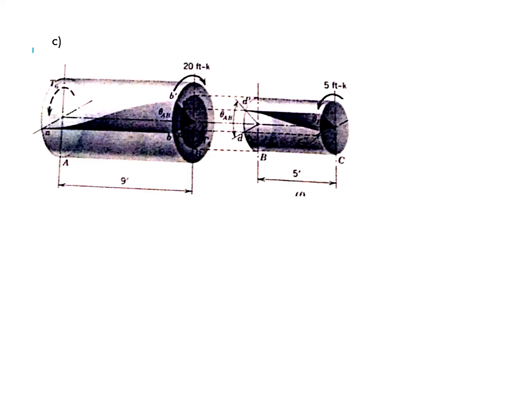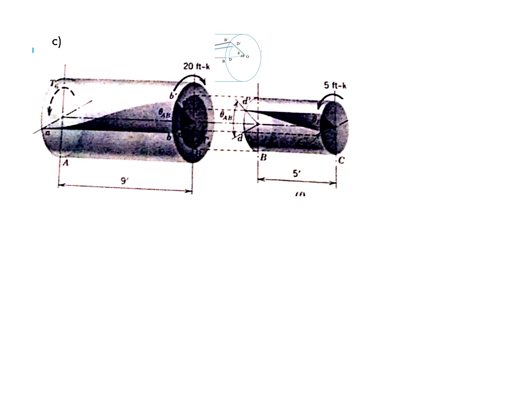For this we assume that B and C are rigidly connected with points A and B. So when B moves to B dash, D moves to D dash, which means that point C will also move to C dash. And when the 5 foot K torque is applied on the BC segment in opposite direction, it moves the C dash point to C double dash point.